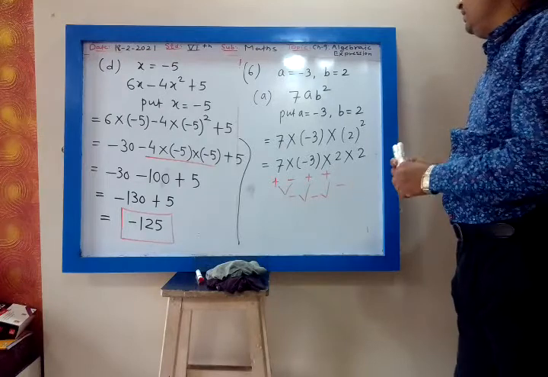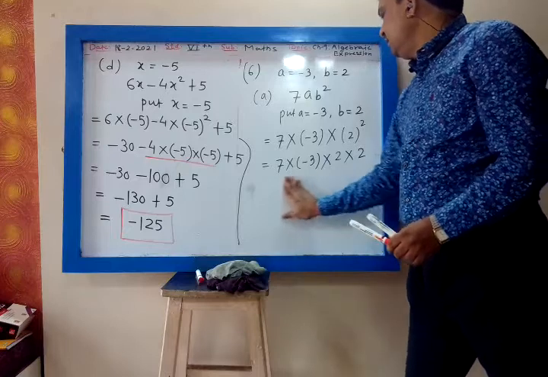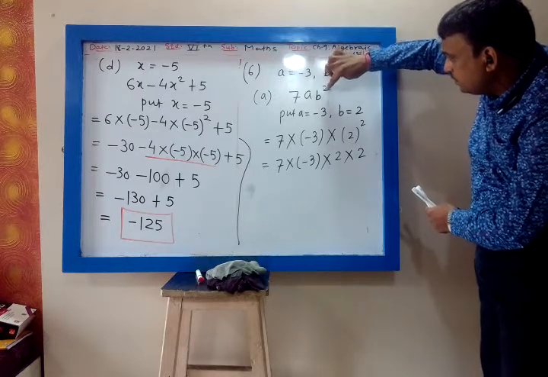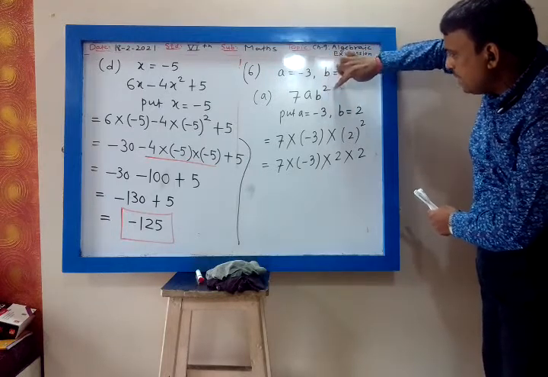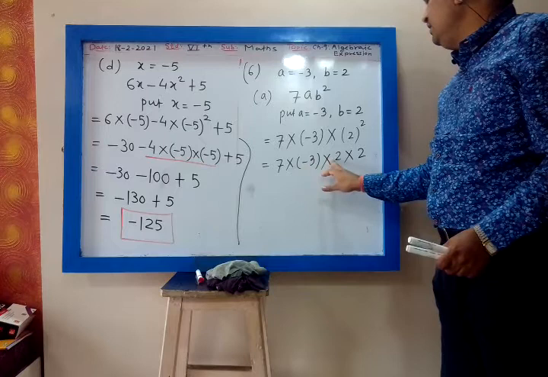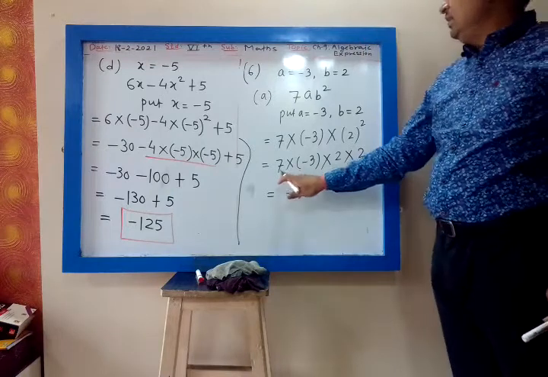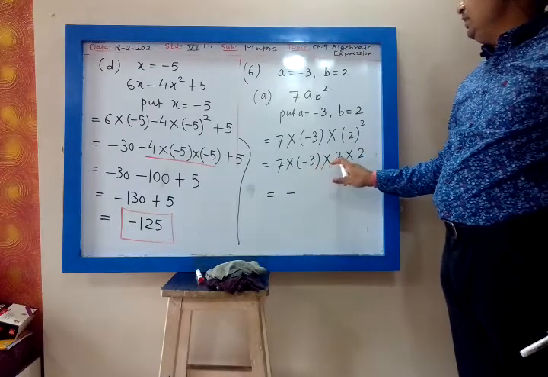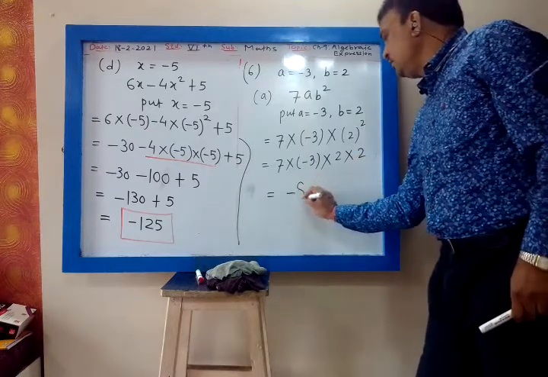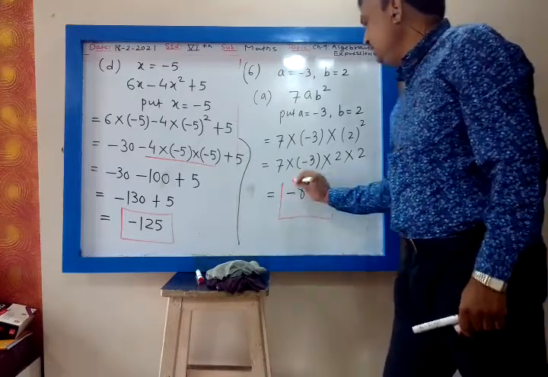So the final sign will be minus, because it is B power 2 and the value of B is 2. And then multiply the numbers. 7 3s are 21, 21 2s are 42, 42 2s are 84. So the final answer is minus 84.